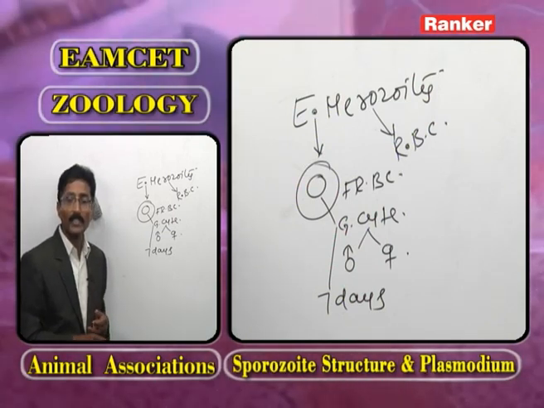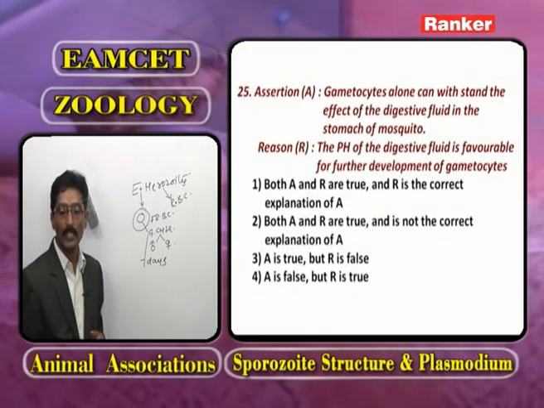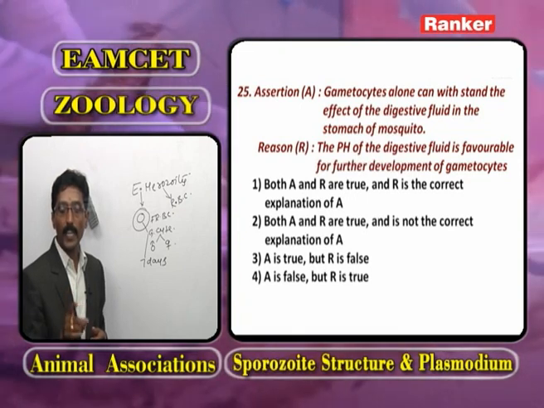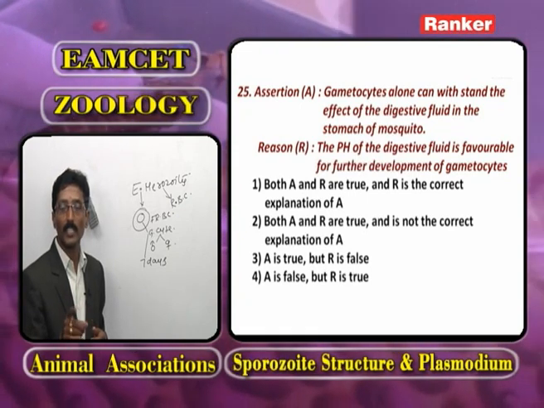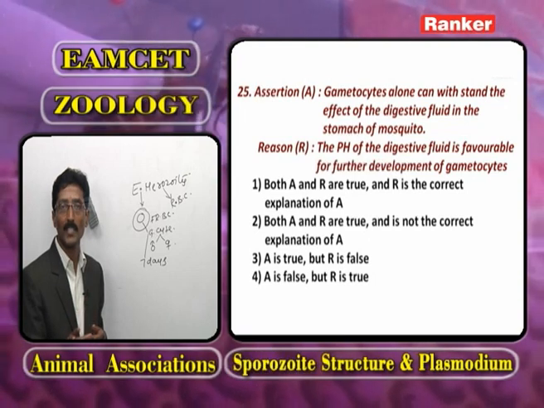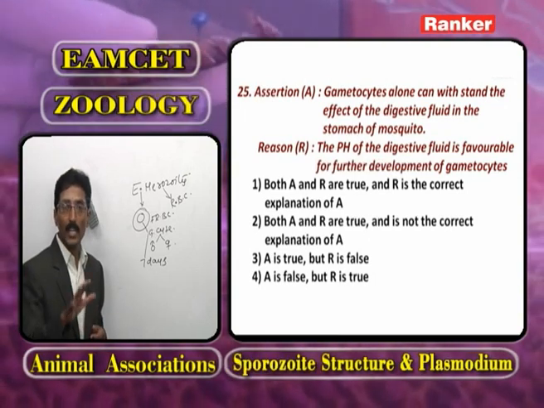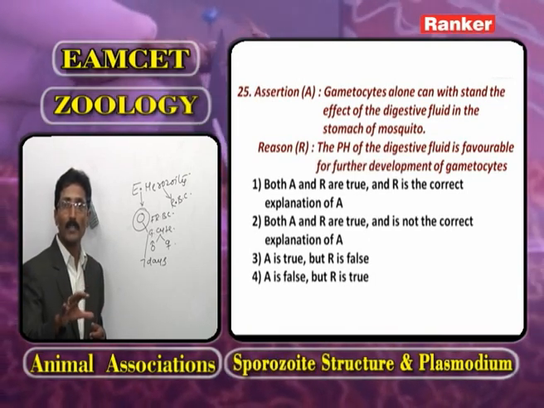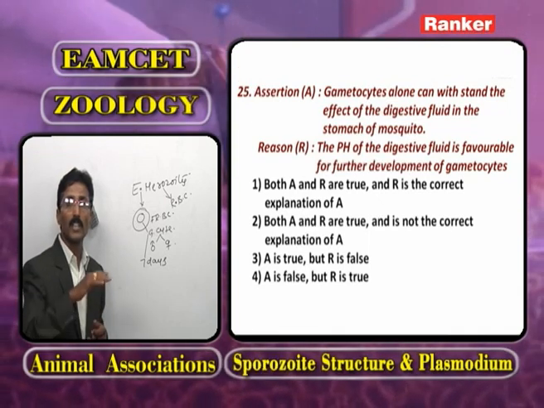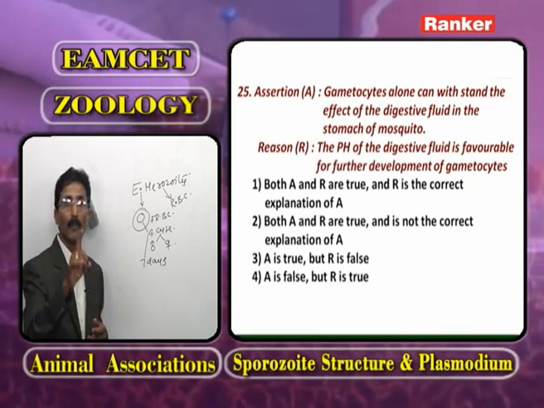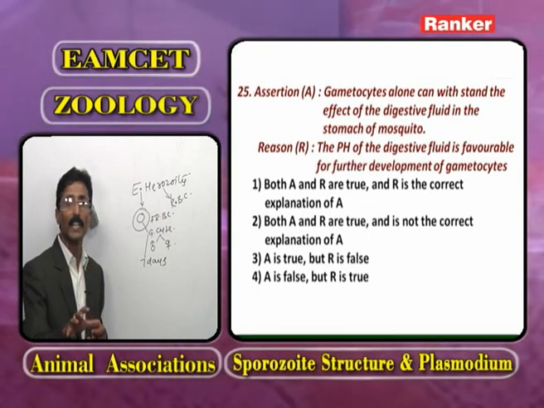Now, based on this information, the assertion: gametocytes alone can withstand the effect of the digestive fluid in the stomach of the mosquito. That is correct, because in the female Anopheles mosquito body, all stages perish except gametocytes, because they are highly resistant.